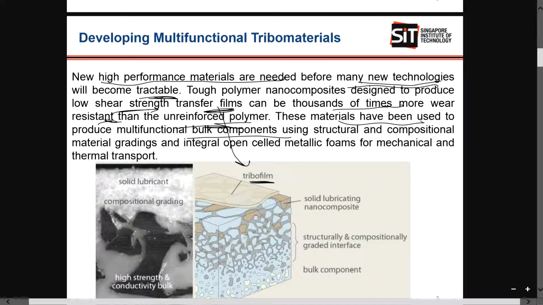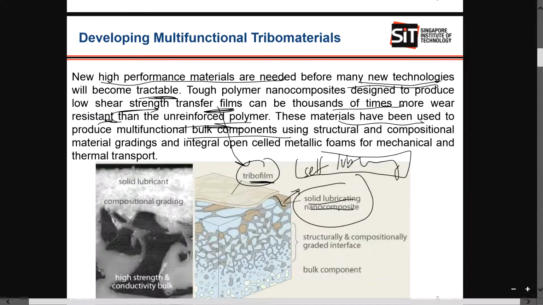But I think this tribofilm is trying to protect the inner material. So there will be a solid lubricating nanocomposite. I think the solid lubricating nano, the brown-colored one, is self-lubricating, trying to allow the system to resist certain wear, I think.